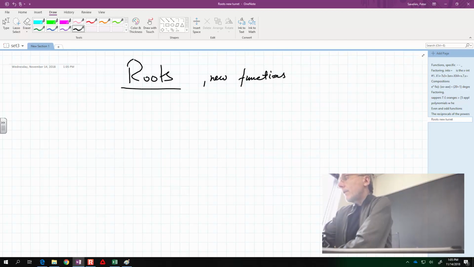We make them very easily in one sweep, as I said, as simply the inverses. So they are inverses of the power functions.